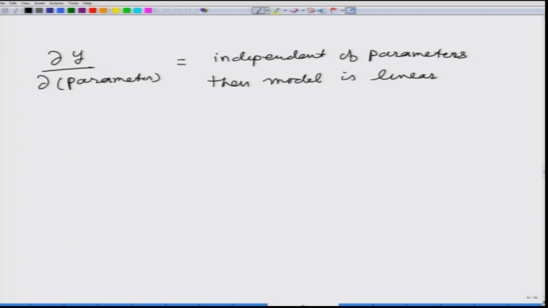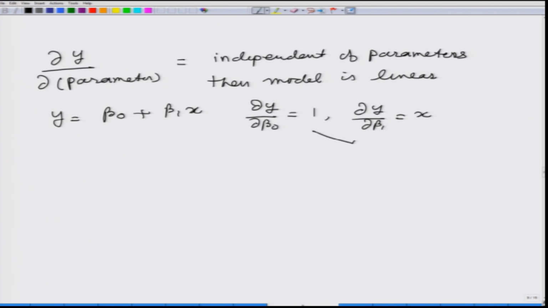For example, if I write y is equal to beta 0 plus beta 1 x, you can see that the partial derivative of y with respect to beta 0 is 1, and the partial derivative of y with respect to beta 1 is x, and both are independent of parameters.